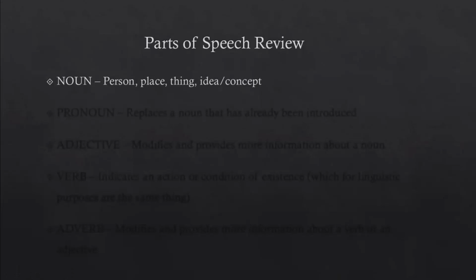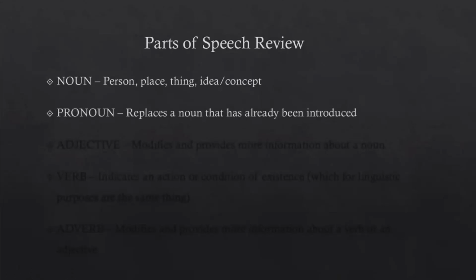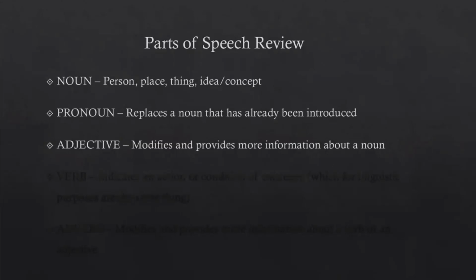Related to nouns, in fact, another kind of noun is a pronoun. This is a fairly limited group of words that we know replace nouns that have already been introduced. Adjectives, again, a noun-related class of words. These are words that modify and give us more detail, more information about specific nouns.